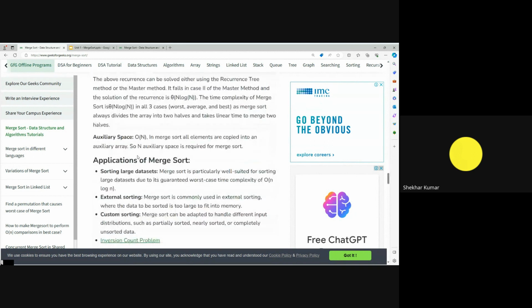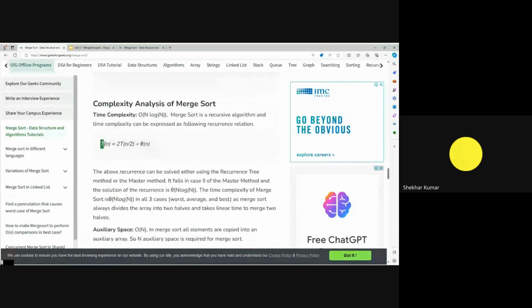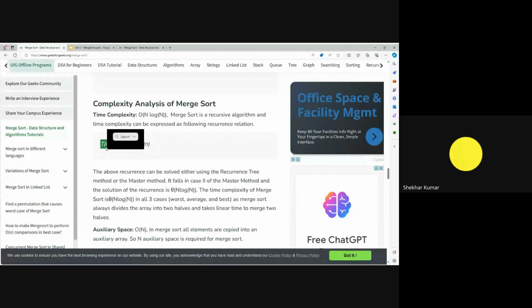Here T(n) is the complete time to run the algorithm of size n, and in 2T(n/2), the problem is divided into two equal halves, that is n by 2. So the total time equals 2T(n/2).